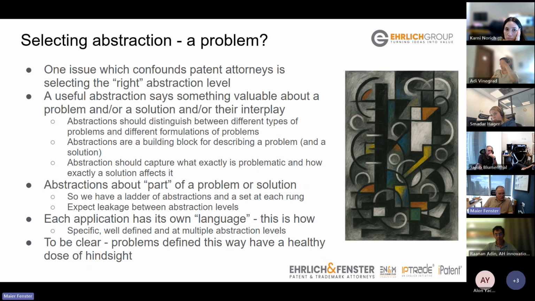And abstractions are about part of the problem, not about the whole problem. But in the end, when you've understood the problems and the solutions and generated abstractions, what you've actually done is created a language for any particular patent application that you're talking about.